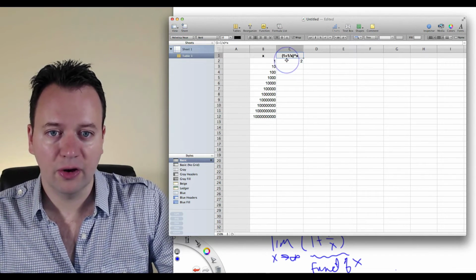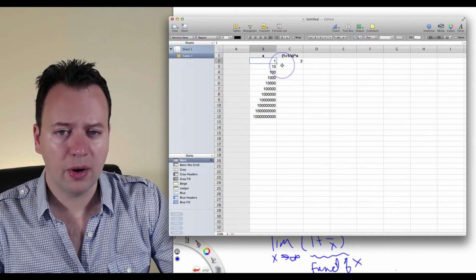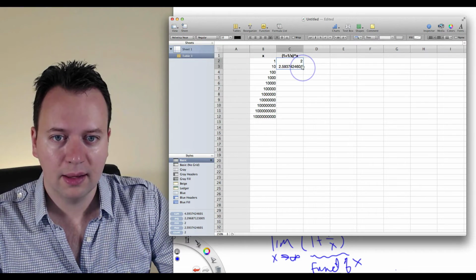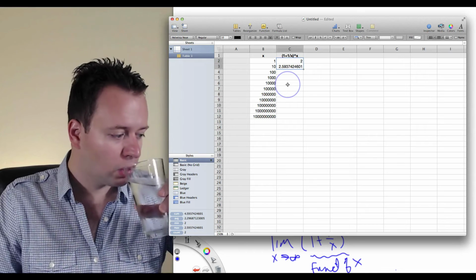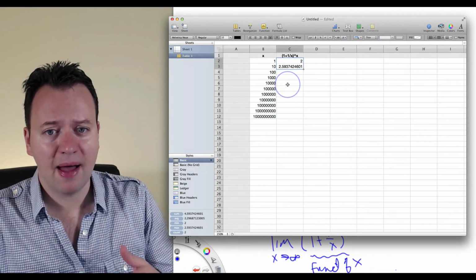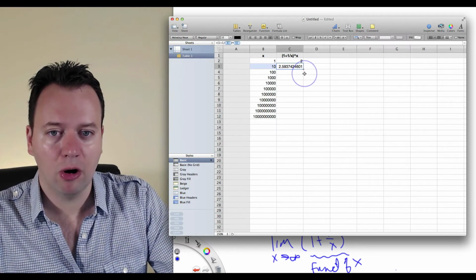So with this function, 1 plus 1 over x to the power x, if I evaluate it at x equal to 1, I get 2. If I evaluate it at x equal to 10, I get 2.59 something. In other words, if I compound interest 10 times per year, this would be that number. It would be this to the power rt.